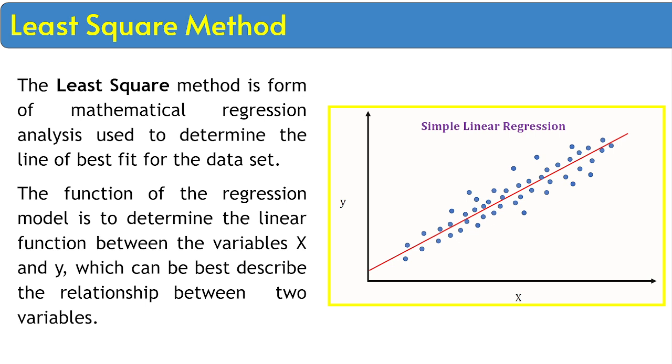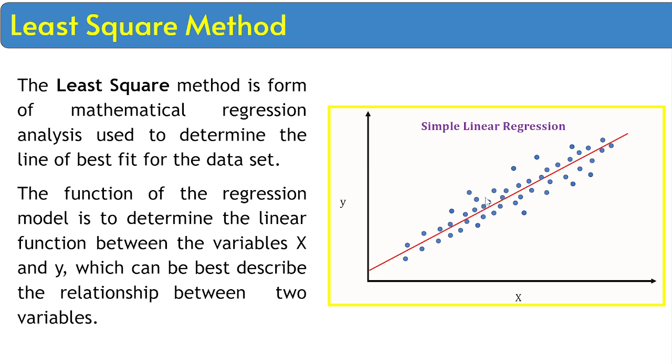Before that, I would like to discuss one more thing, that the least square method is a form of mathematical regression, and this is used to determine the line of best fit for the data set. So here you see this is the linear regression line, and beyond this there are so many points. This is actually a scatter plot. There are some actual values.